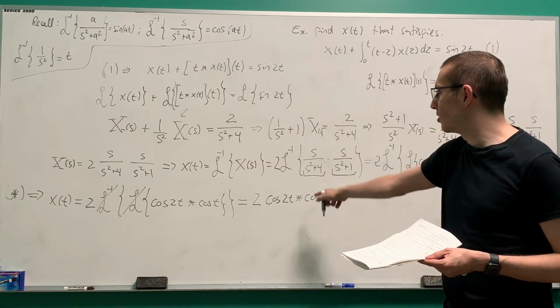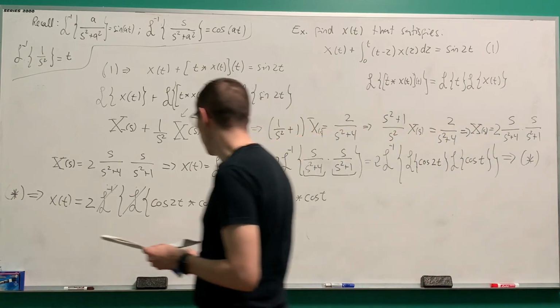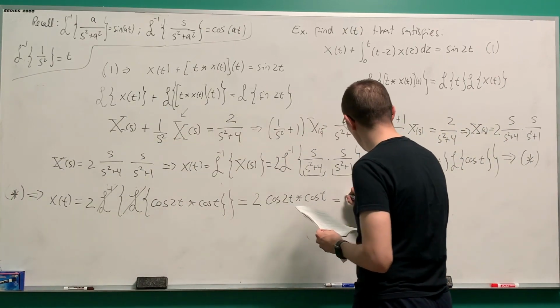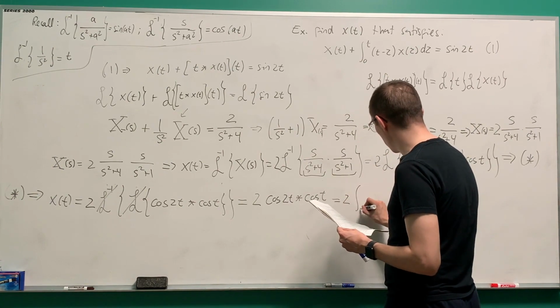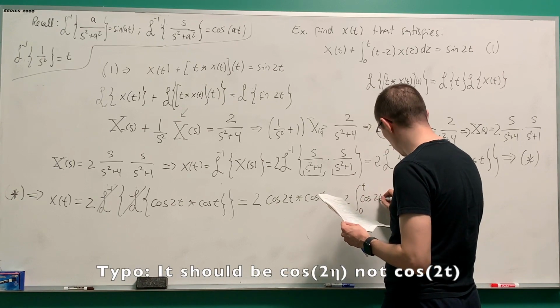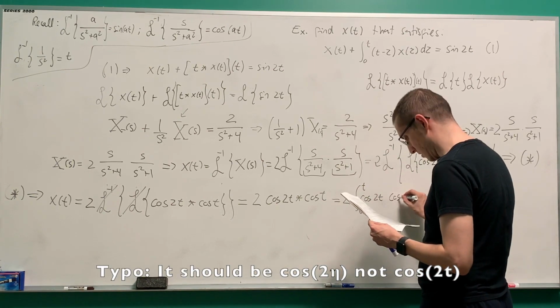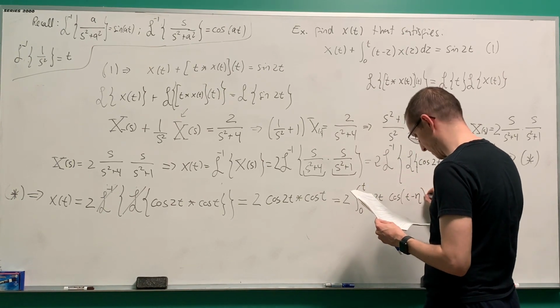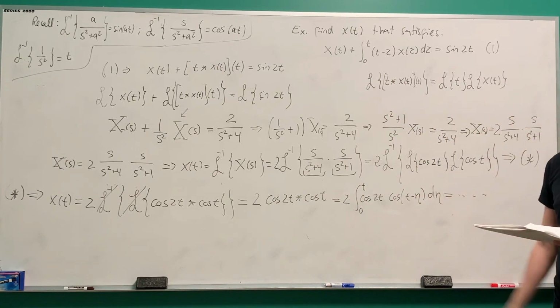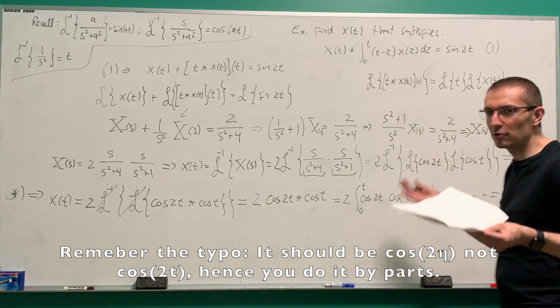All right, all that is left is to solve that convolution integral. So this is equal to twice the integral from 0 to t of cosine of 2 eta times cosine of t minus eta, d eta, which is an integral that you can do by parts, but I'll give it to you to do.